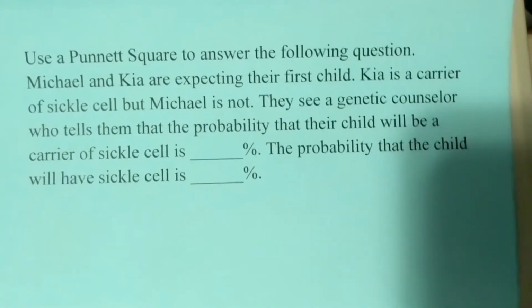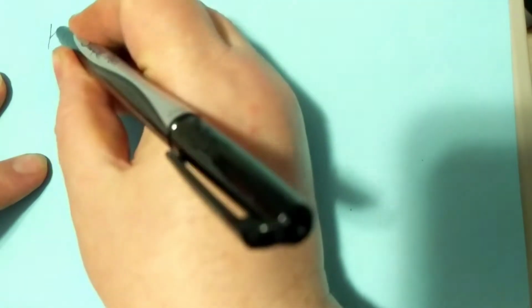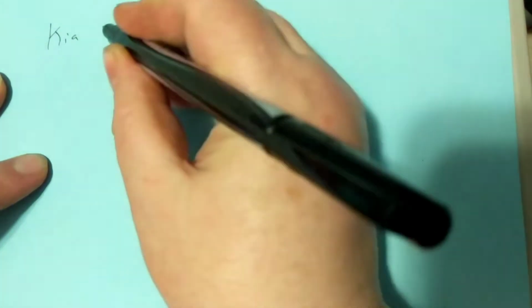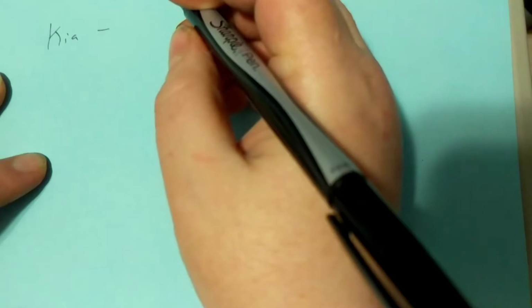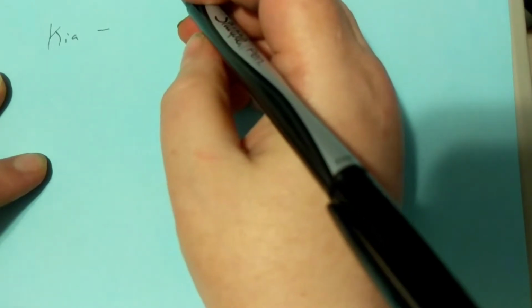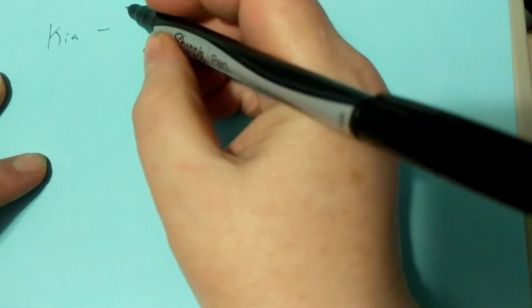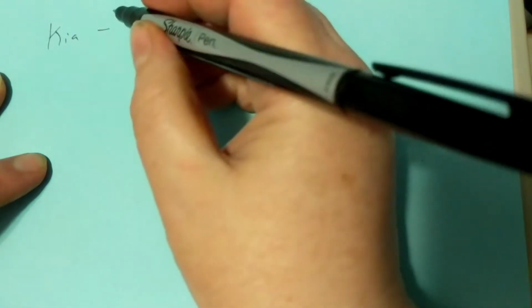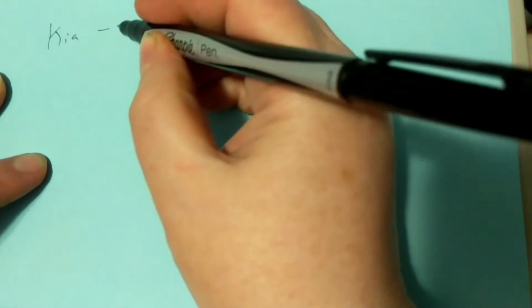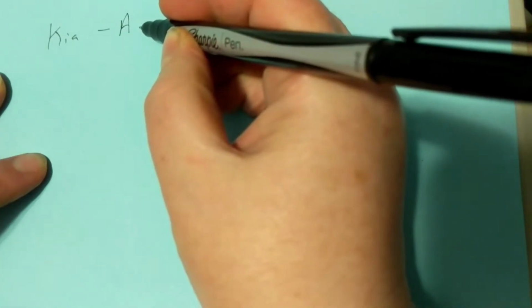So we're going to go down here, and I'm going to start working on this. So Kia is a carrier, which is another way of saying she's a heterozygote for the trait. So I'm going to arbitrarily use A to represent the gene for sickle cell anemia.